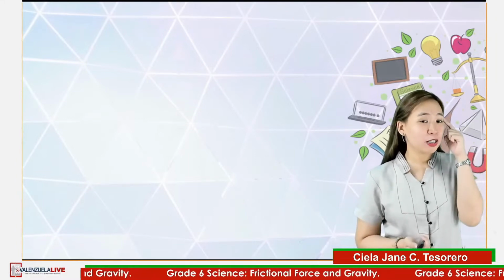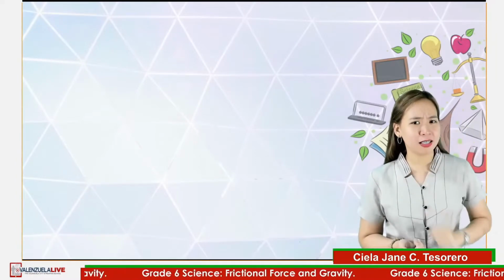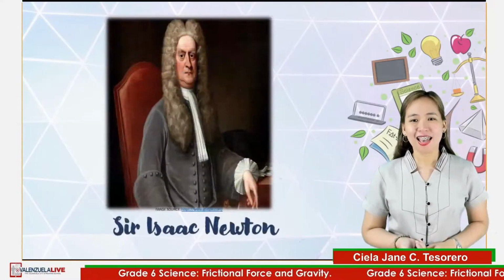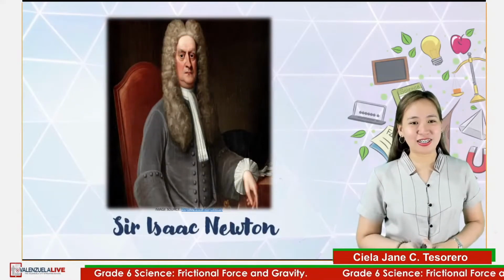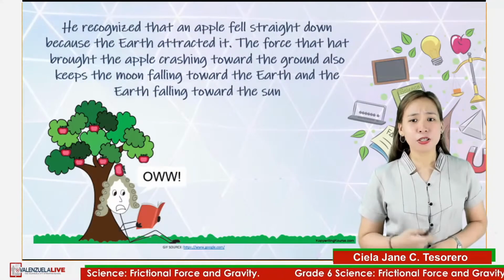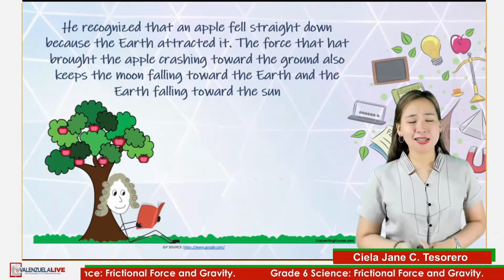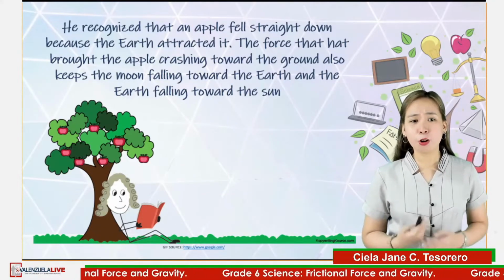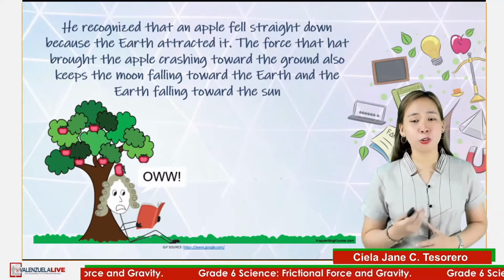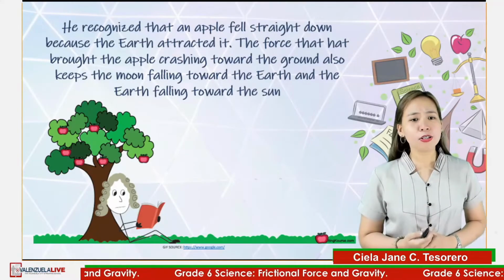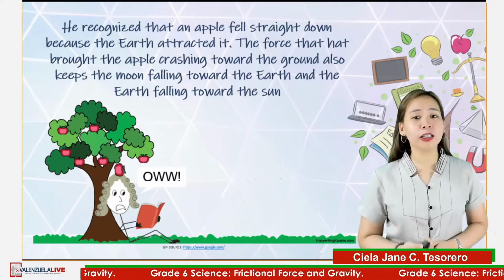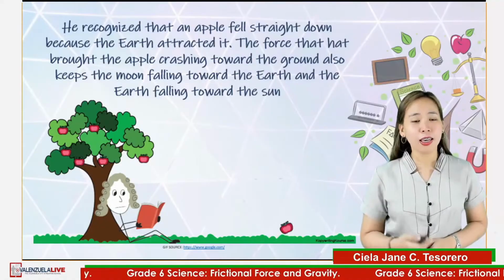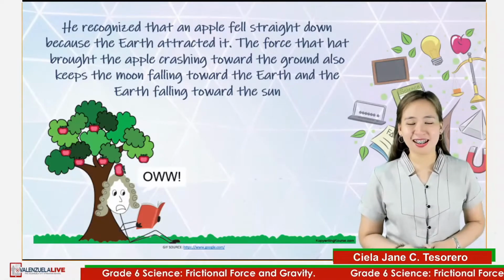We would not know any of this without the brain of one of the great scientists of all time, Sir Isaac Newton. He recognized that an apple fell straight down because the earth attracted it. The force that brought the apple crashing towards the ground also keeps the moon falling towards the earth and the earth falling towards the sun.